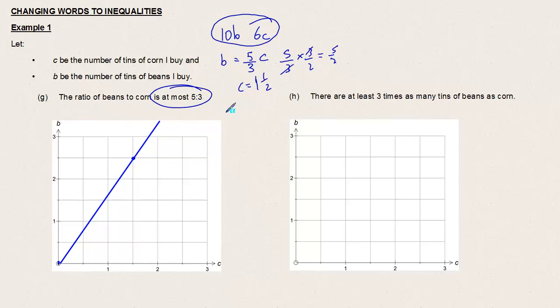So in other words, we want B to be less than or equal to 5 over 3C, and that means we need to be this side. Down here, B is less than 5 over 3C.